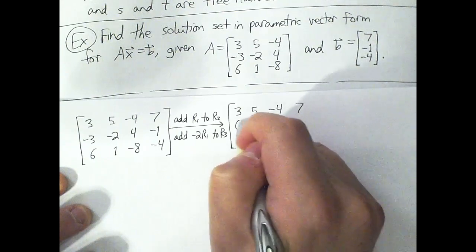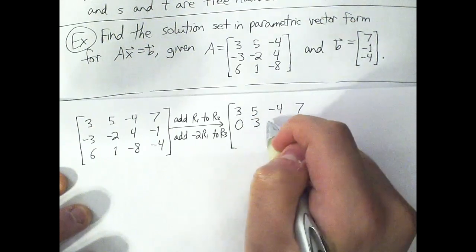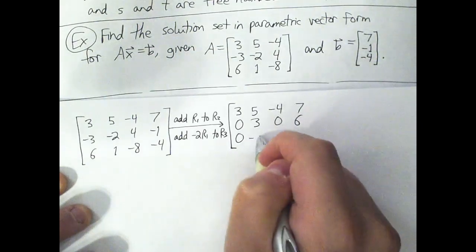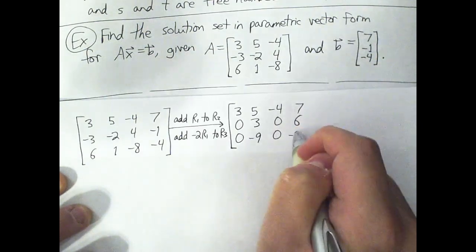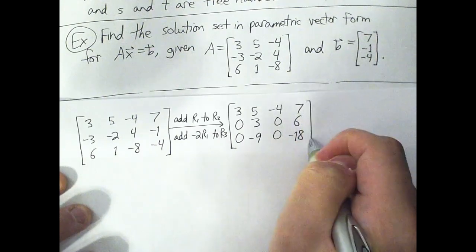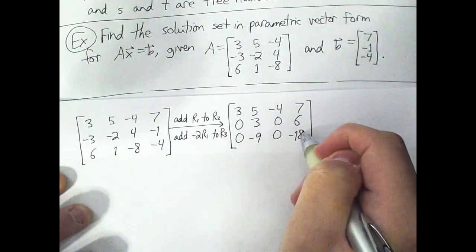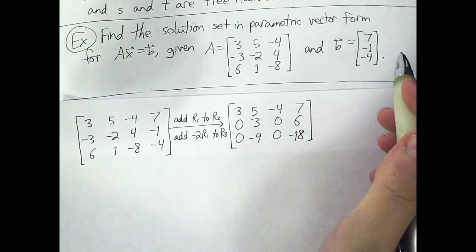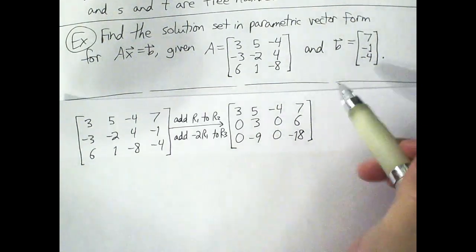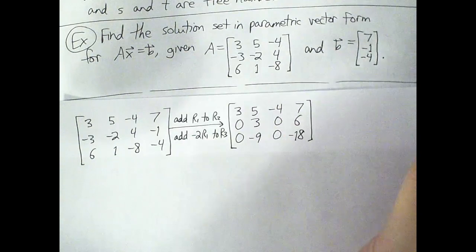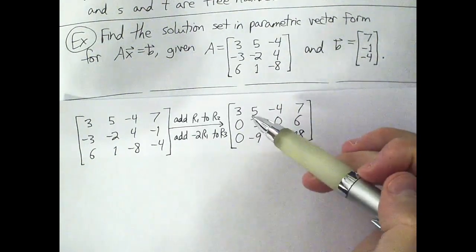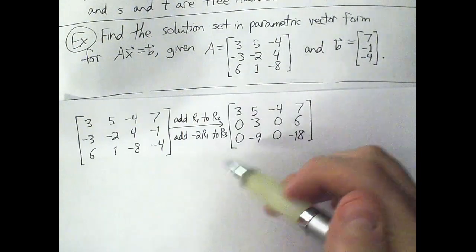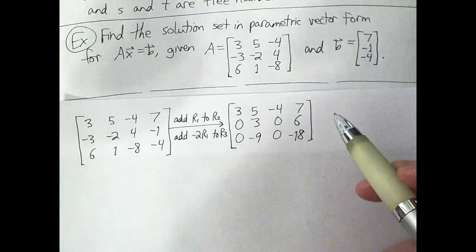Then we get 0, 3, 0, 6, and 0, -9, 0, -18. So that first step that I did, or really I kind of did two steps in one, I think that's the same thing I did on that earlier problem when we had this, but with the right-hand side equal to 0. That was the step that seemed like it made sense to me at the time, but that was also the step that seemed to make sense here.